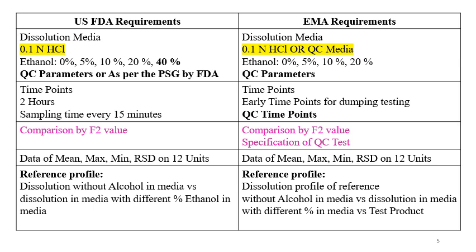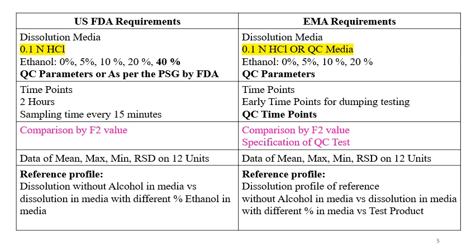As per US, the dissolution media is mainly 0.1 normal HCl with 0%, 5%, 10%, 20% and 40% ethanol. While for EMA, it may be a QC media or 0.1 normal HCl dissolution media with ethanol concentration of 0%, 5%, 10% and 20%. But in US, 40% is included.